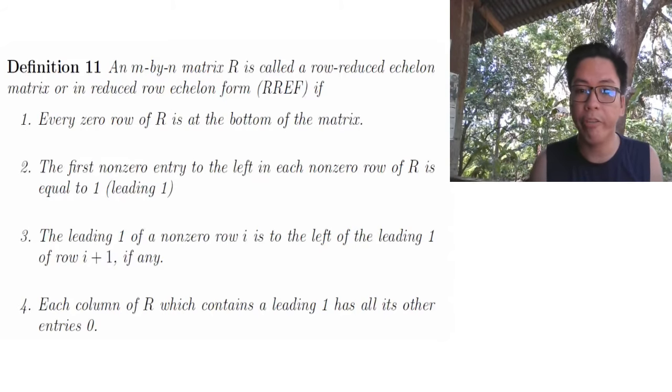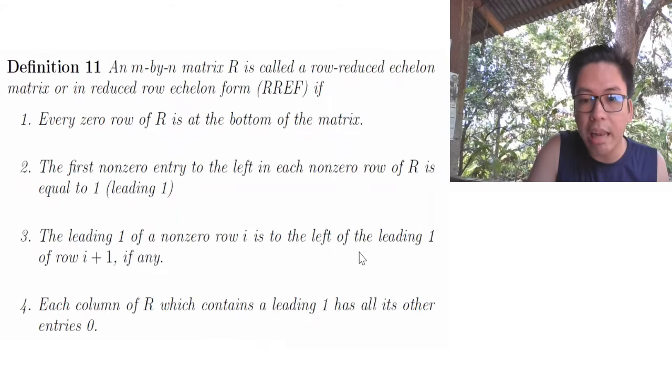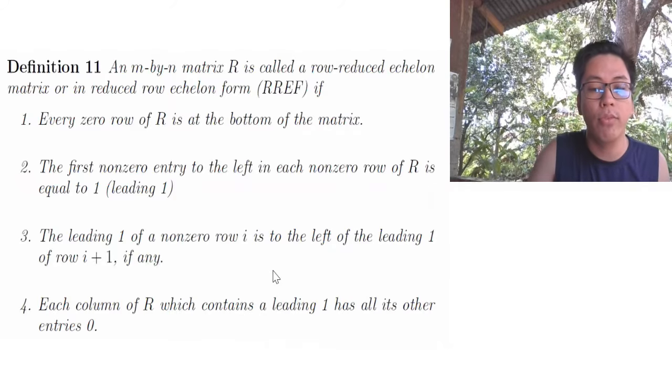That's number one. Number two, the first non-zero entry from the left in each non-zero row of R is equal to 1. That's the leading one. And the leading one of a non-zero row i is to the left of the leading one of row i plus 1, if there is one. And each column of R which contains a leading one has all its other entries 0.